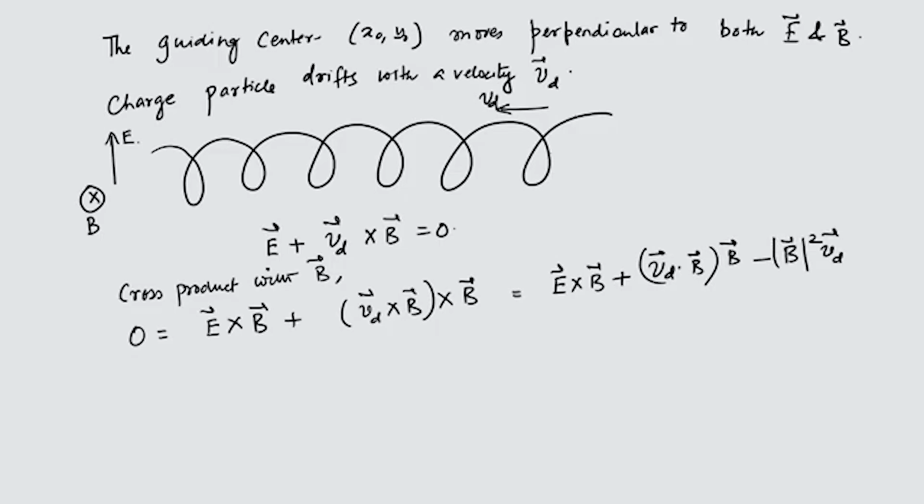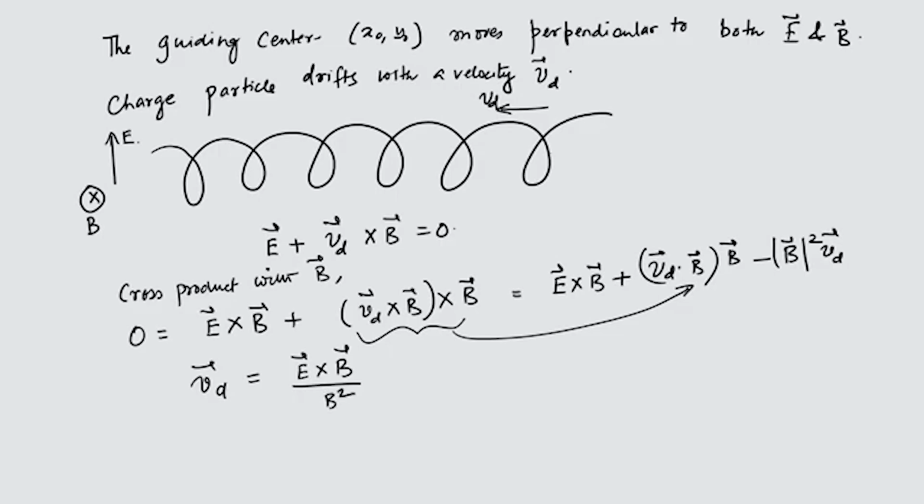Okay. So after you simplify, your Vd becomes equal to E cross B divided by B square. Okay.